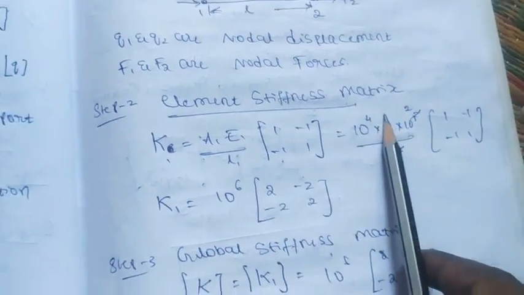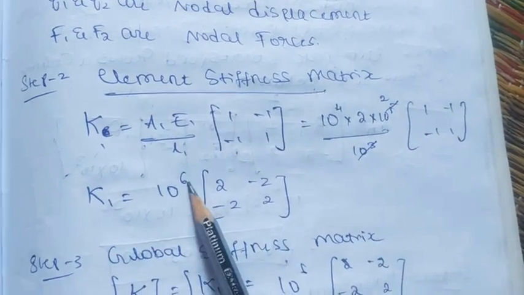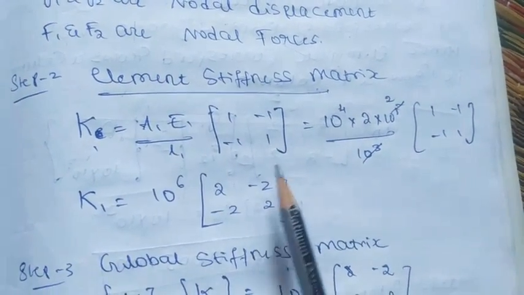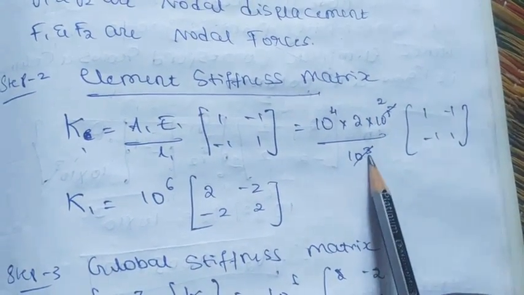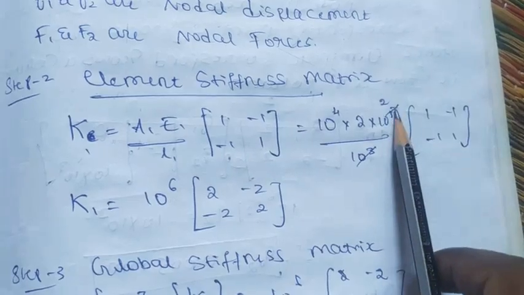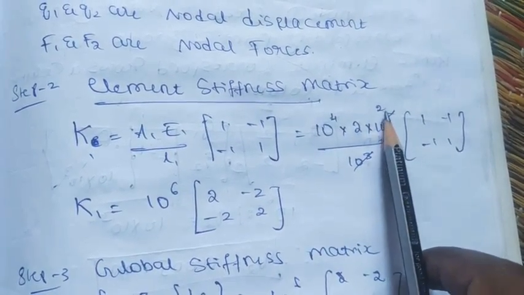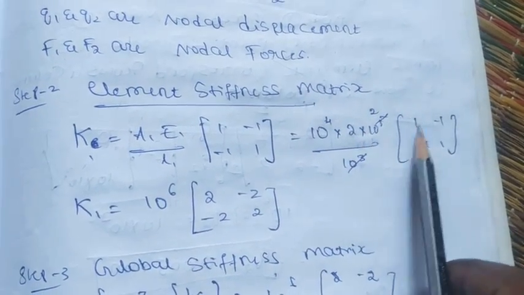After simplifying we write it as 10 power 6 times [2 -2; -2 2]. The 10 power 3 and 10 power 3 cancel, and the remaining is 10 power 2 and 10 power 4, that becomes 10 power 6, into 2. That 2 we multiply inside.